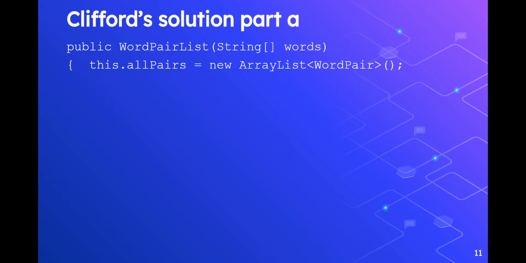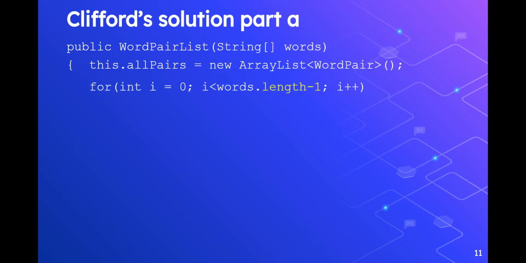So the first thing I've got to do is that line there. I have to initialize an ArrayList of WordPairs. This is important, making sure that gets made as well. We'll go over what the College Board would and would not accept based on that. So that's the first thing I've got to do.